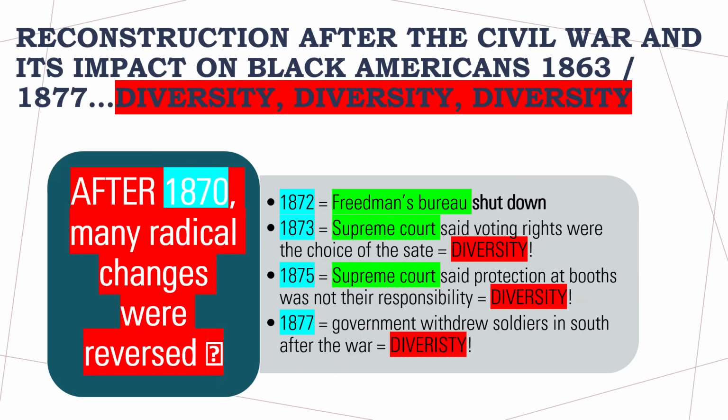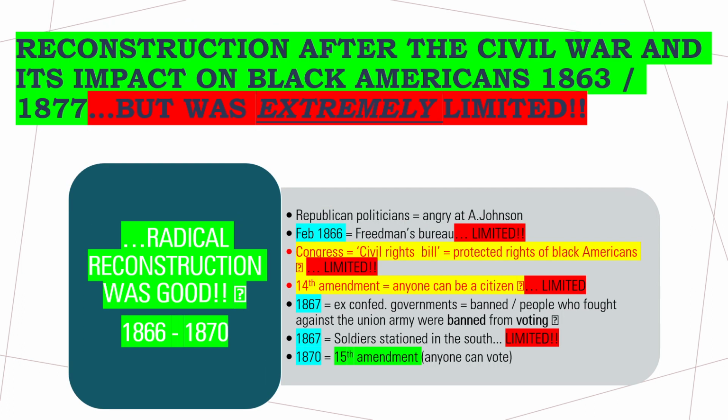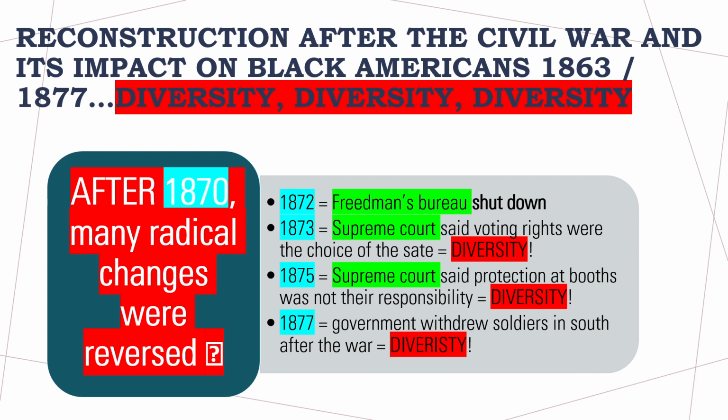In 1873, the Supreme Court said that voting rights were the choice of the state, which contrasts to the Civil Rights Bill, because the right to vote was being stripped away from them following the 15th Amendment as well. So there's another diversity.